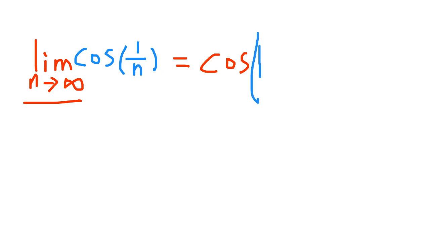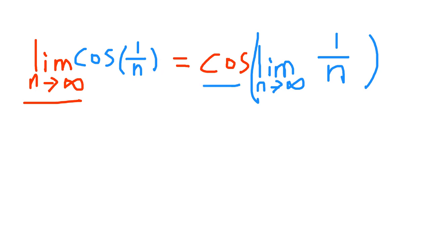We can swap this: limit as n approaches infinity of 1 over n. All right? Because cosine is continuous, we have no problem to swap cosine and the limit. And what is the limit when n approaches infinity of 1 over n? That's 0. So that's why we have cosine 0.